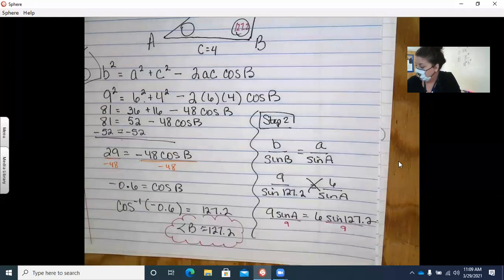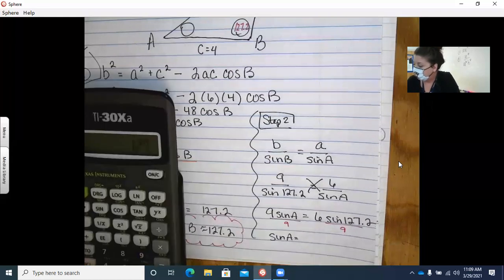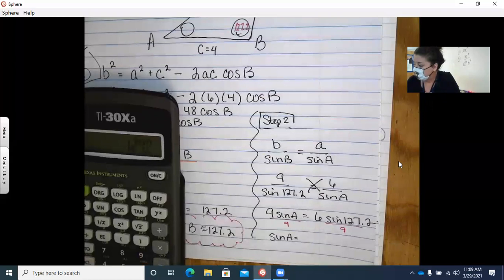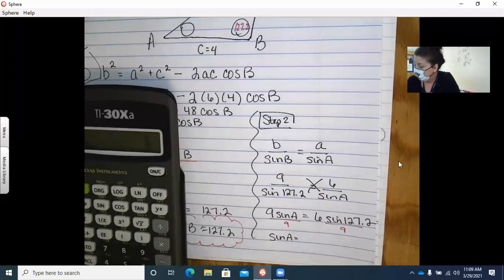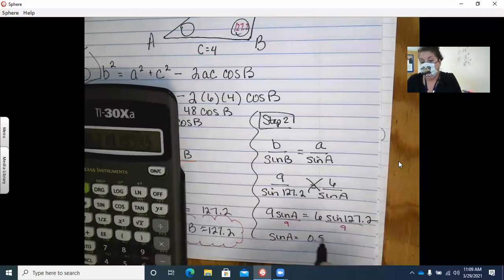So sine of A equals, okay, let's see, sine of 127.2 times 6, that number divided by 9, and I get approximately 0.531. Of course, that's the sine of A.